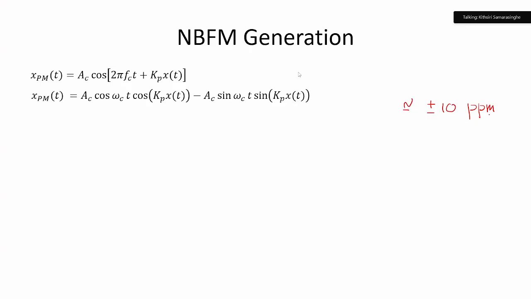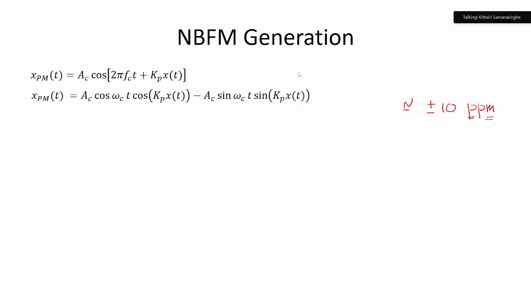Parts per million means in 1 million oscillations, one cycle may be in error. So 1 million oscillations means 1 megahertz, no? For 1 megahertz, there may be 1 hertz plus or minus error in such oscillators. But normally, these broadcast frequencies are around 88 megahertz to 108 megahertz in Sri Lanka, isn't it? So let us say 100 megahertz.